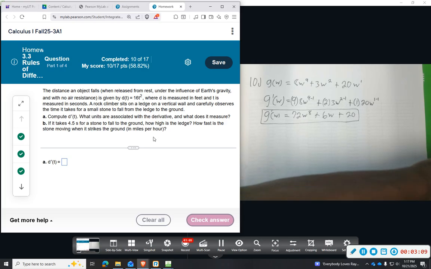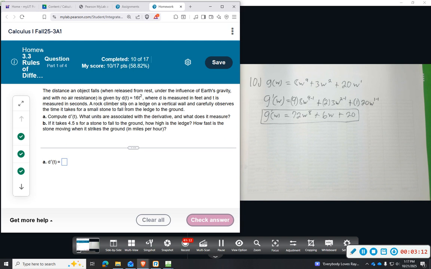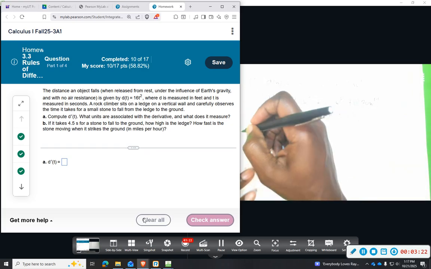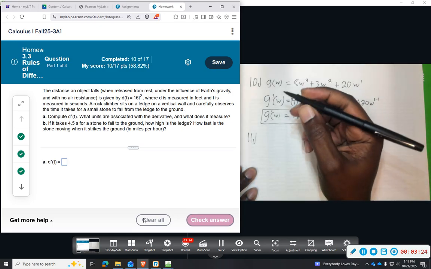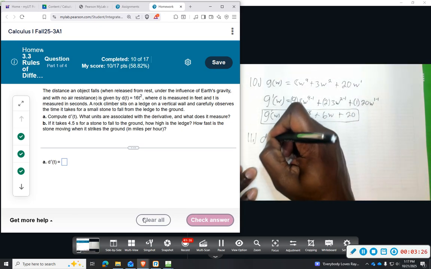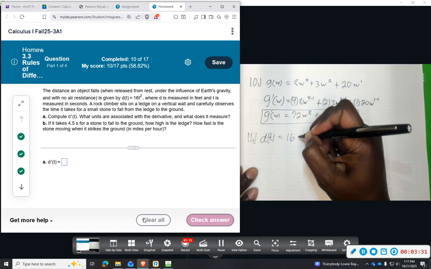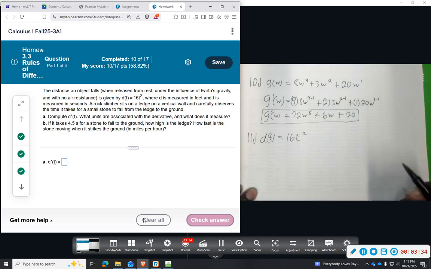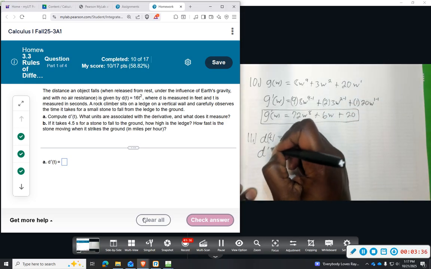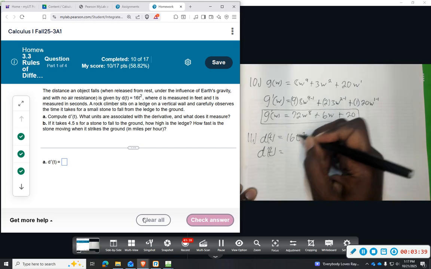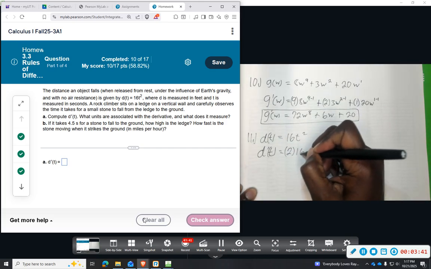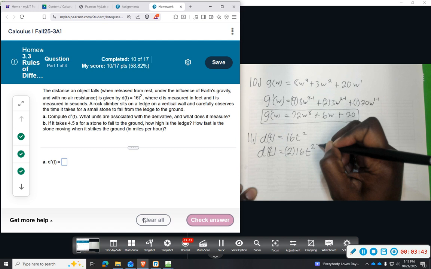So we are going to take our function, and first we're going to find the derivative. D is measured in feet, and then the derivative will be per second. So d of t is 16t squared. When we do d prime of t, we'll multiply times 2 of the 16t and 2 minus 1.